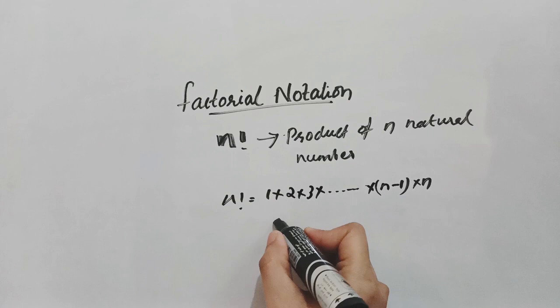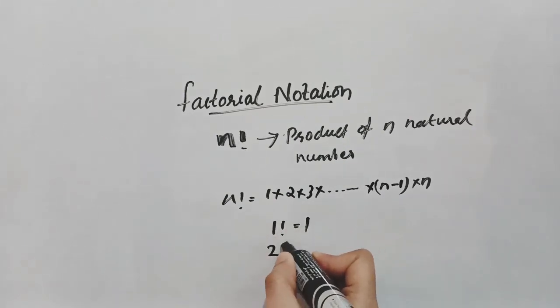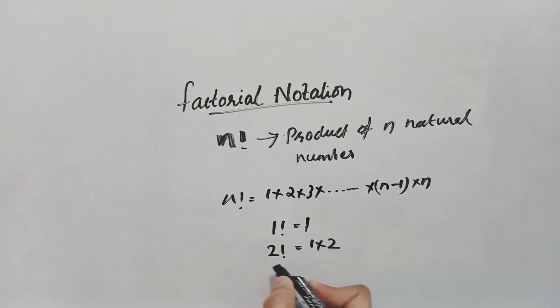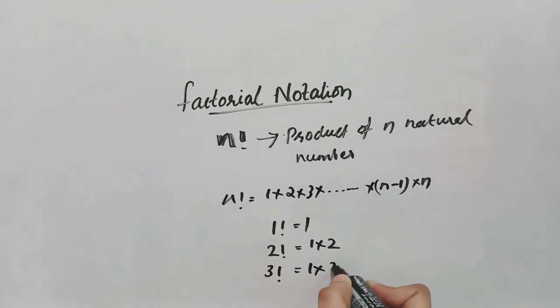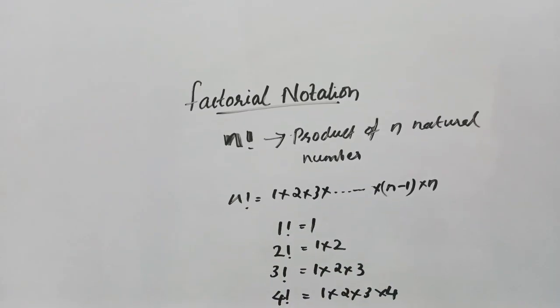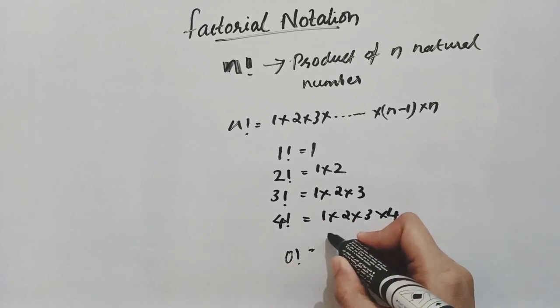Similarly, we can write 1 factorial equal to 1, 2 factorial equal to 1 into 2, 3 factorial equal to 1 into 2 into 3, 4 factorial equal to 1 into 2 into 3 into 4. Similarly, we define 0 factorial equal to 1.